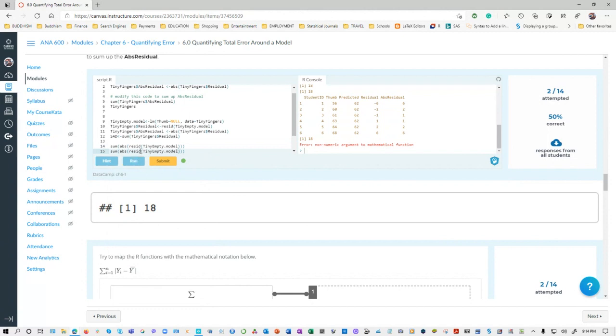Because of this non-numeric argument, the residual is the issue. So if you put it, it should work. Null and data. Let me see. Null data tiny should work.